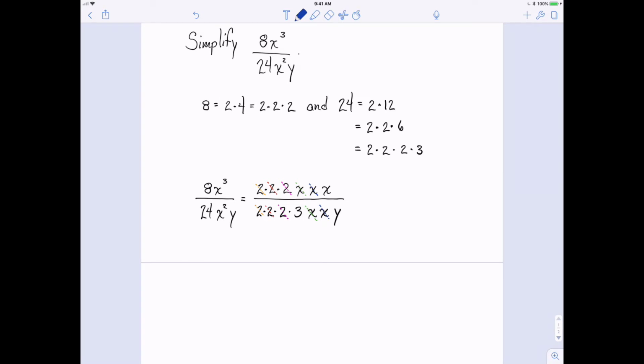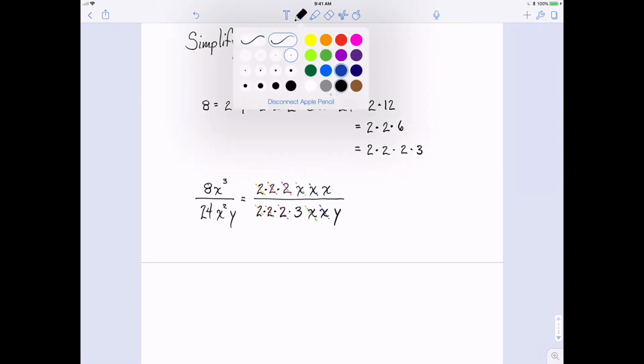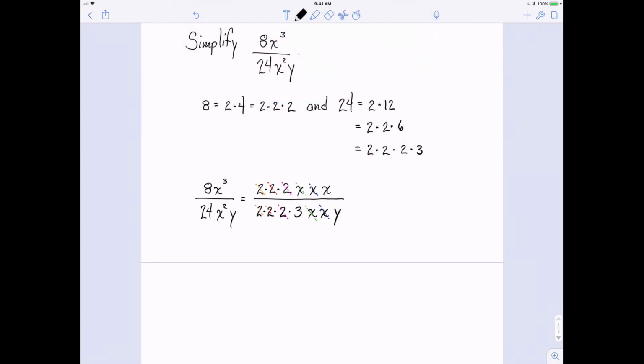So now that everything's been canceled, what's left in the numerator? We have left an x, and in the denominator I have left a 3 and a y, so 3y. And that would be how you simplify 8x cubed over 24x squared y.